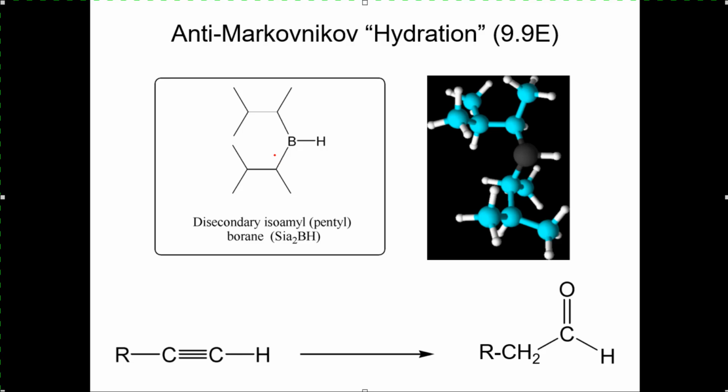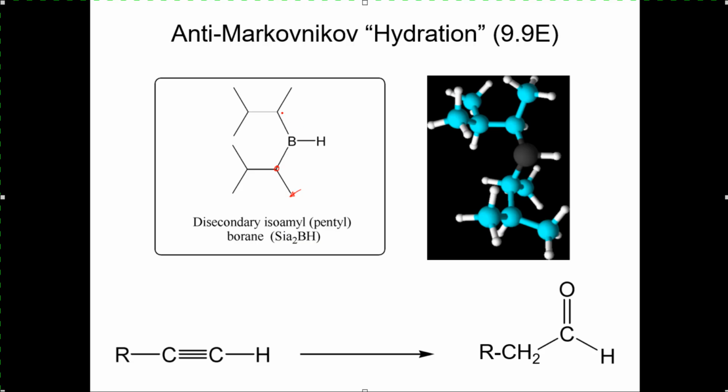But disecondary isoamyl basically means that the boron's attached to the secondary carbon of an isoamyl, but if it was truly isoamyl or isopentyl, the connection would be here. Yuck. But that's what it's called. It's called SiA2BH because there's two of these groups and they are disecondary isoamyls.